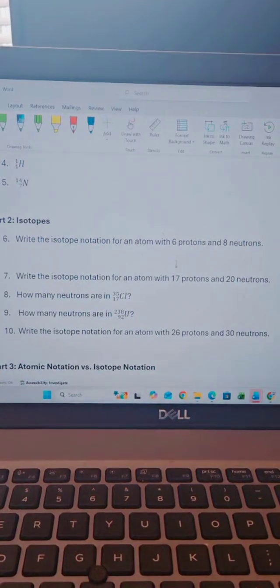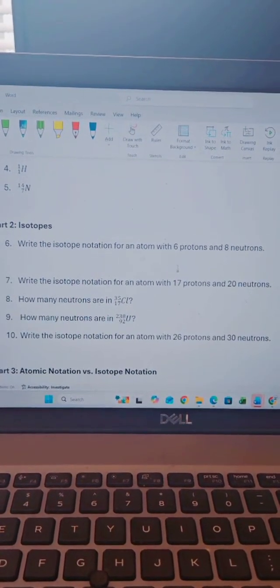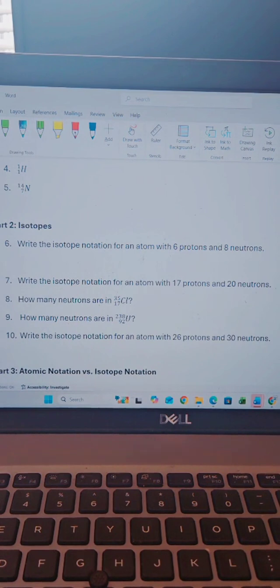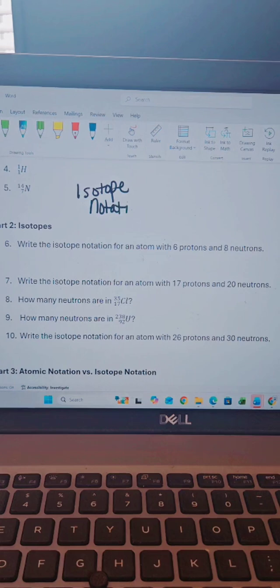Isotope notation just simply means the key element that I told you, dash, and then the atomic mass number. So let me write this up here so you all can see that. Isotope notation is written with the chemical symbol, dash, the atomic mass number.